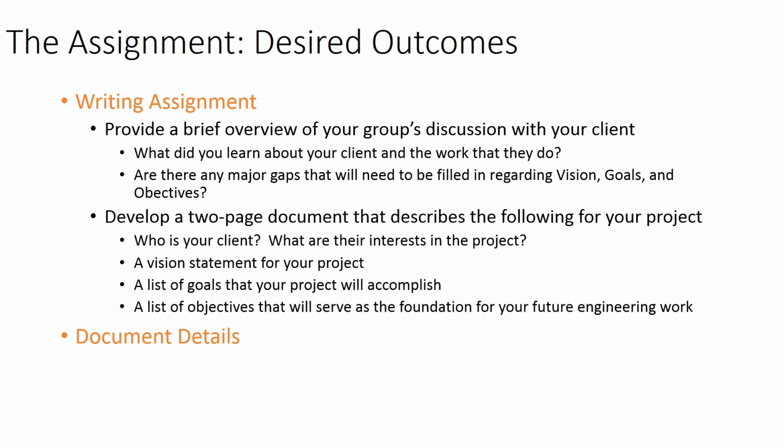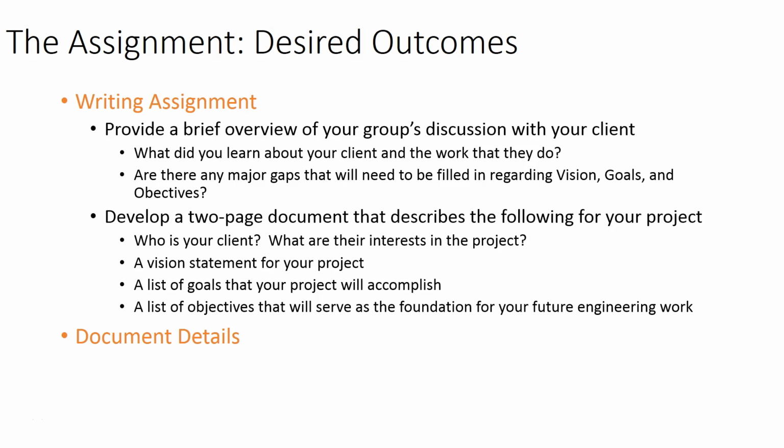And then the second part of this writing assignment is actually going to be to develop a 2-page document that is going to describe your client, but then most importantly, what is the vision for the project, a list of goals, and a list of objectives.